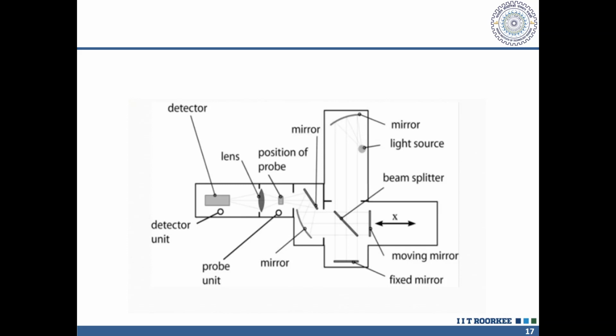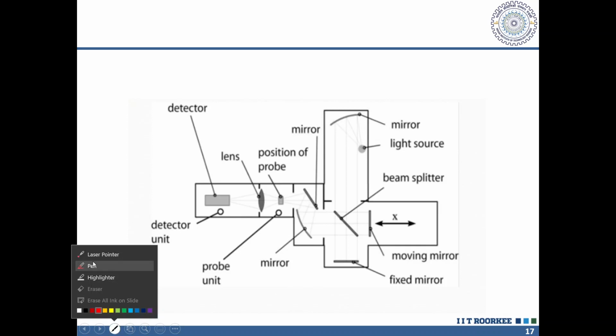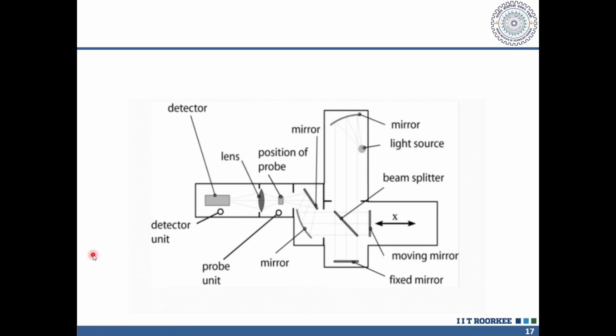Let us see how it actually works. We see here the beam splitter, and here we see the mirror. Here we see the detector, here the lens, and here is the moving mirror. So friends, what exactly happens?